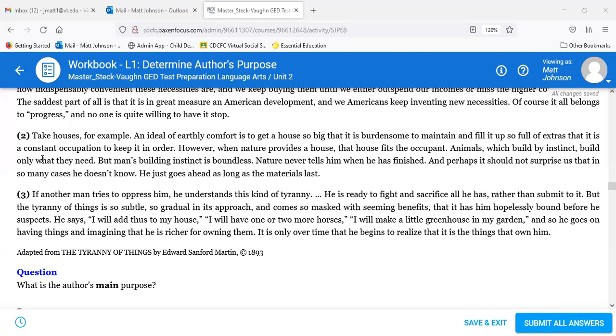He says, I will add a porch to my house. I will have one or two more horses. I will make a little greenhouse in my garden. And so he goes on having things and imagining that he is richer for owning them. It is only over time that he begins to realize that it is the things that own him. That's from The Tyranny of Things.